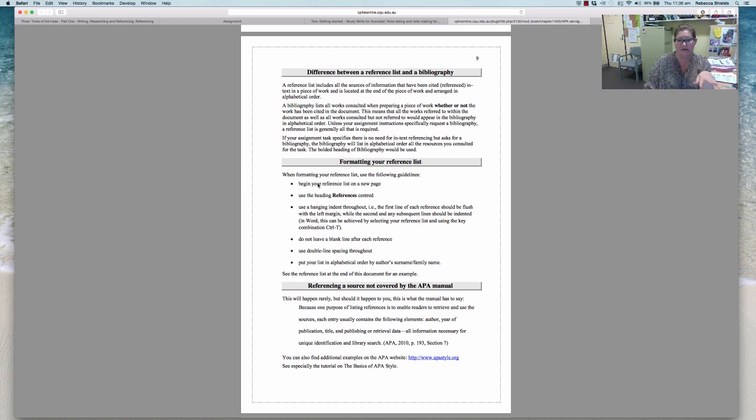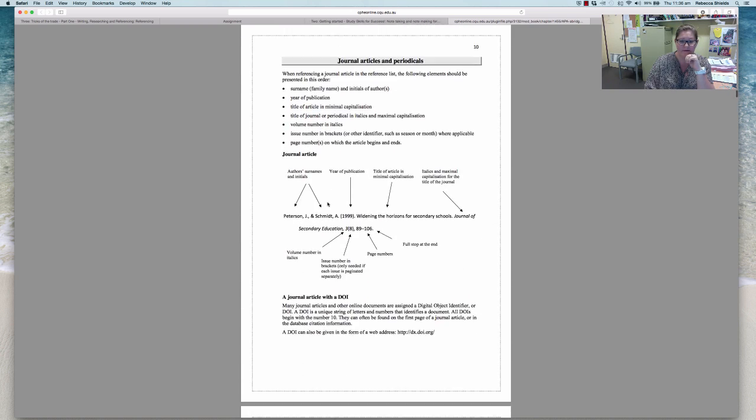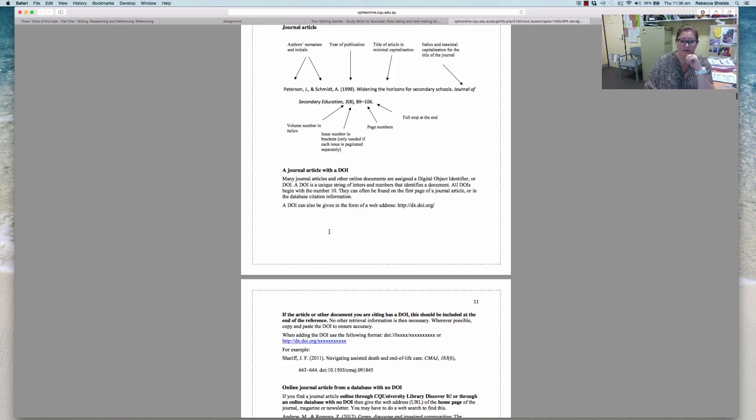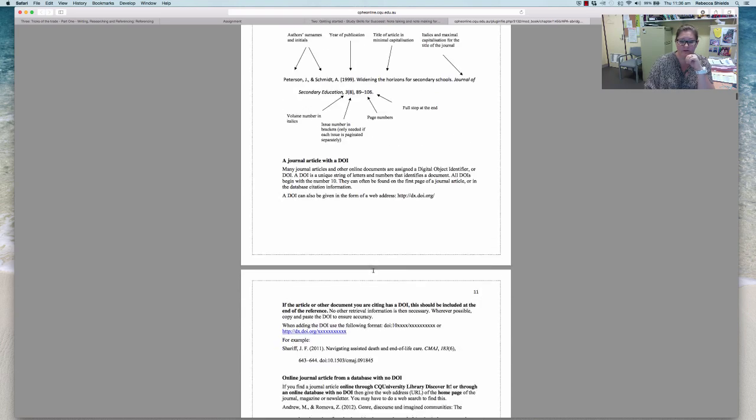I haven't yet had a student that's formatted their reference list appropriately according to the guidelines. So please read this carefully and format your reference list appropriately. It talks about how to reference journal articles and what we mean when we're talking about journal articles and the different parts in the reference for a journal article.